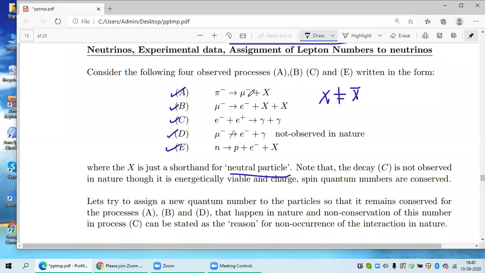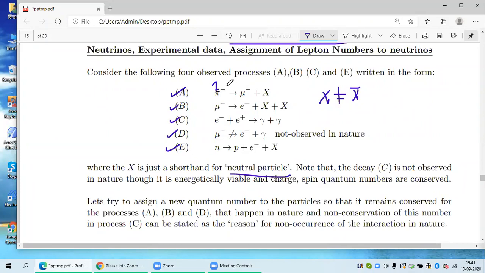And we see that at least 2 of these interactions contain mu. So if I give some non-zero number to mu, it is useful to handle the dynamics. If I assign +1 to pion, then pion is not there in any other reactions. So if I just focus on these 5 reactions to set up our assignment, then mu has more freedom because it appears in at least 2 places.